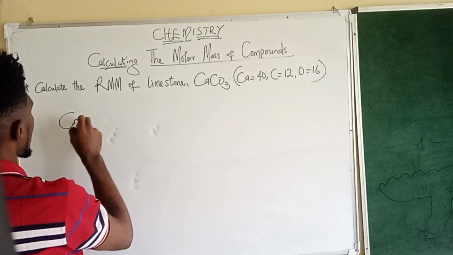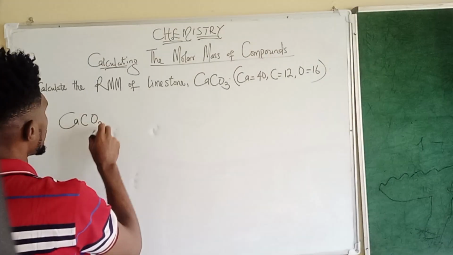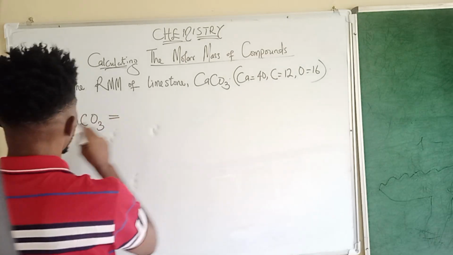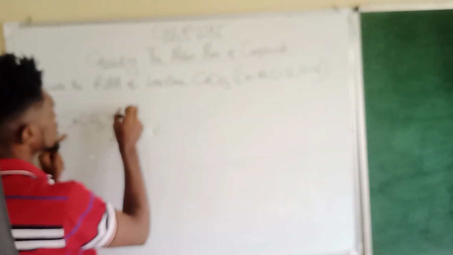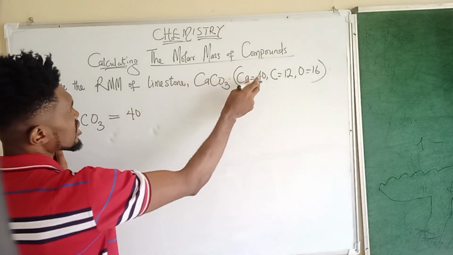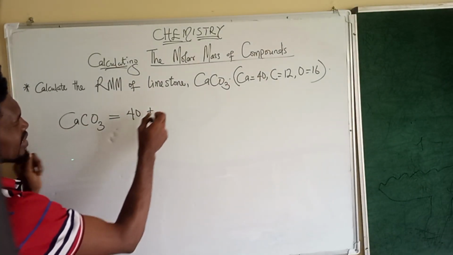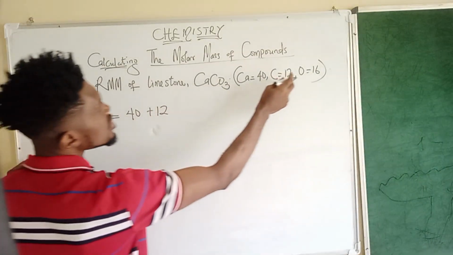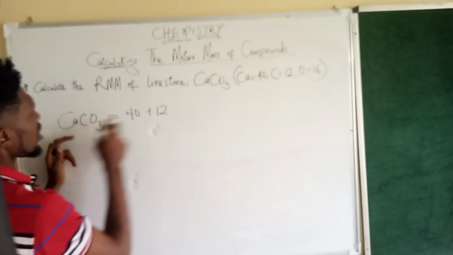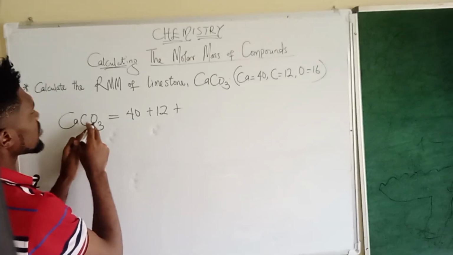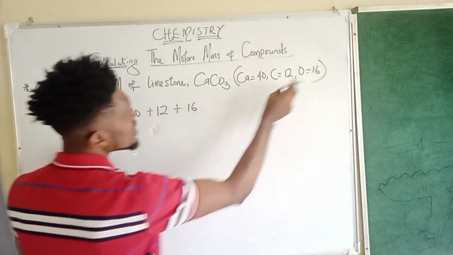So the relative molecular mass of calcium trioxocarbonate is equal to, calcium is what? The mass number of calcium is 40, as we can see here, plus 12. The mass number of carbon is 12, plus the mass number of oxygen is 16, as you can see here.